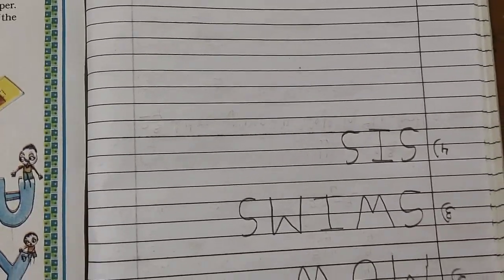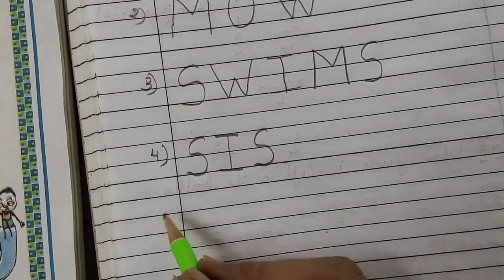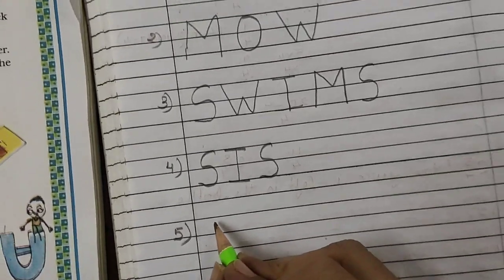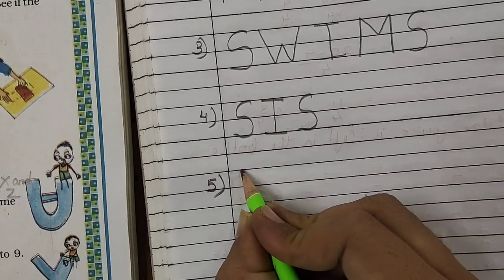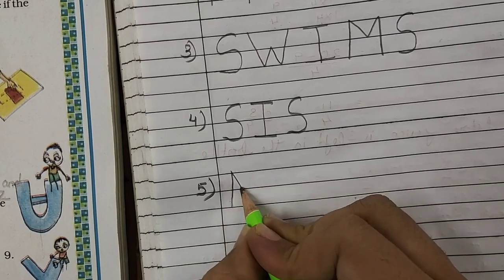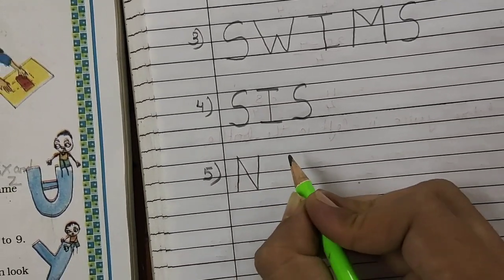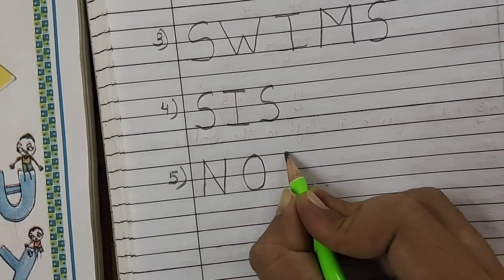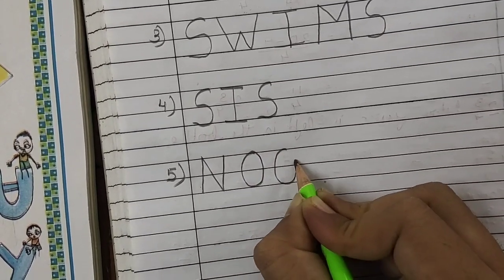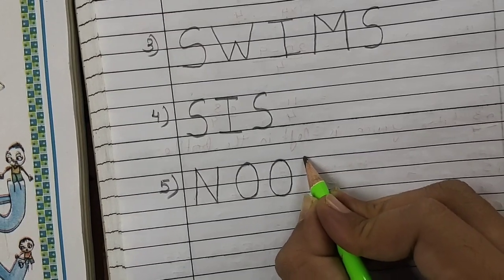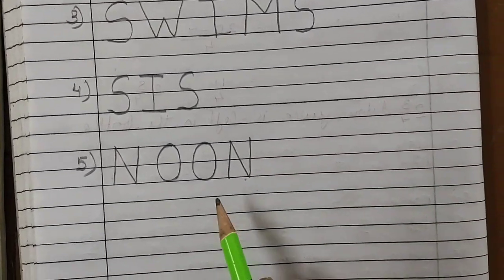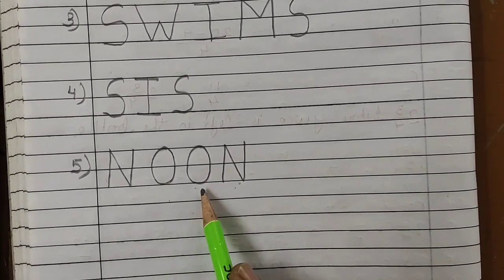Now the last one, the fifth one, we'll turn the book. Noon. N, double O, N. What have I written, students?